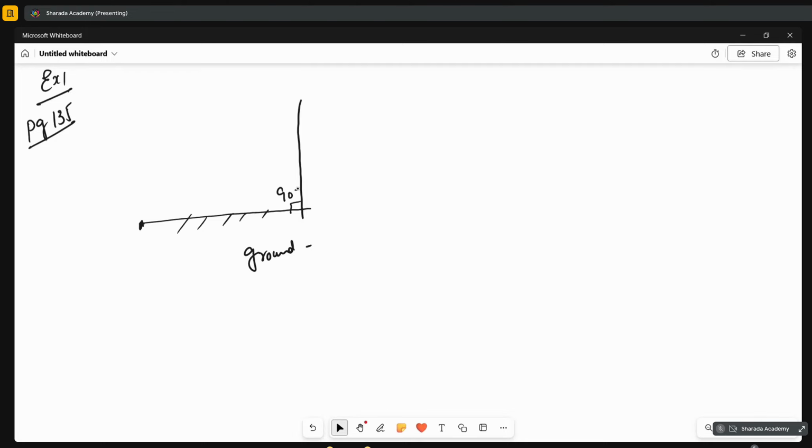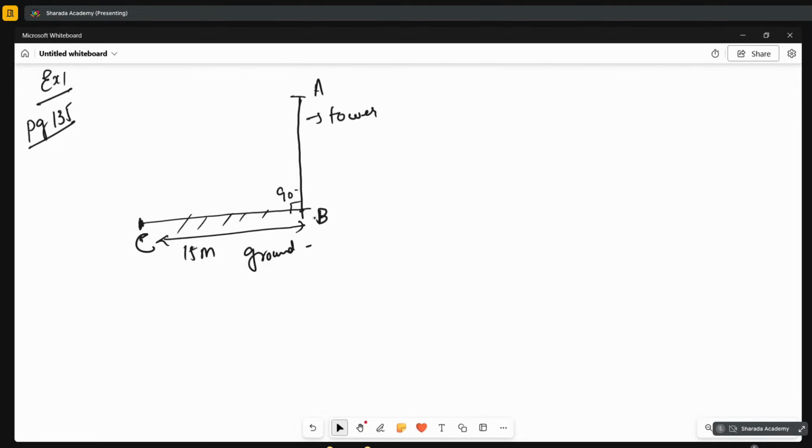The foot of the tower is here. 15 meters away I take one point, that is C. This is 15 meters. Mark the top of the tower as point A, and the foot as point B.